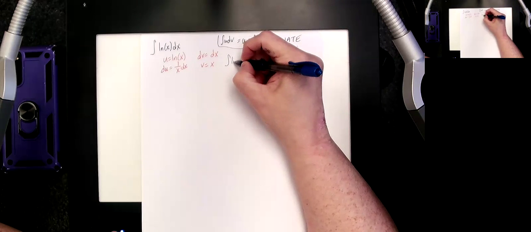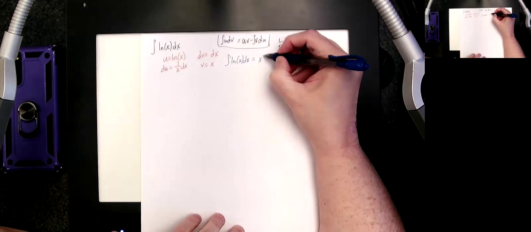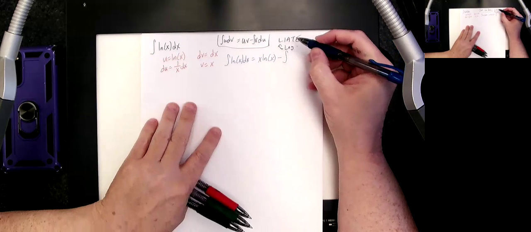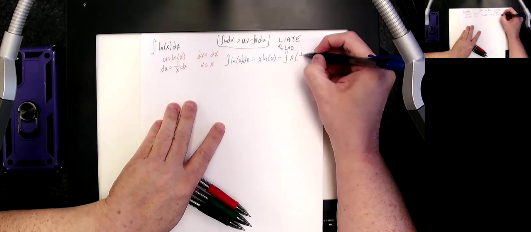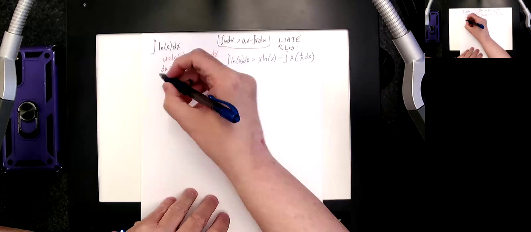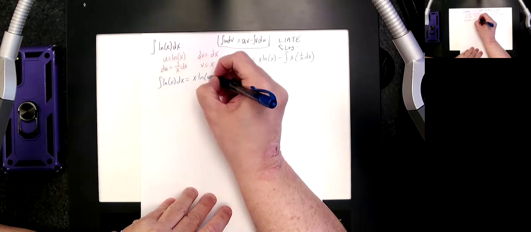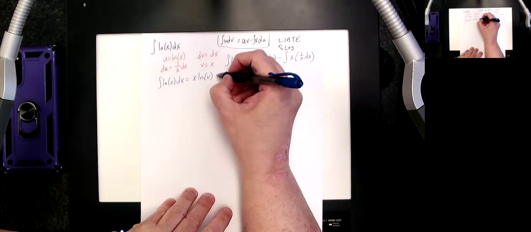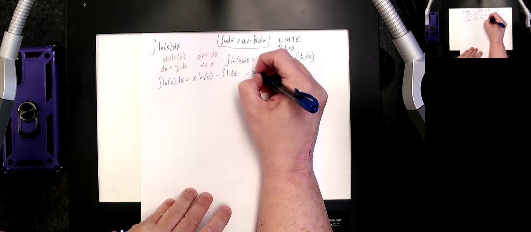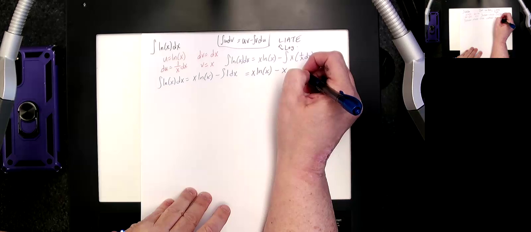The integral of the natural log of x dx turns into u times v, x times natural log of x, minus the integral of v du, x times 1 over x dx. That's just the integral of 1, right? So we're going to get x natural log of x minus x plus c.